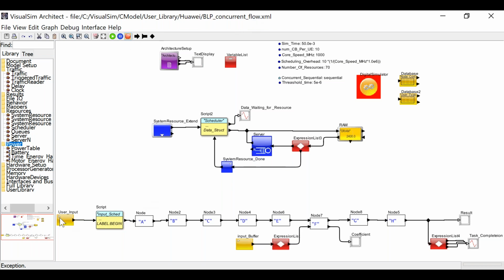And as you can see, the behavior flow over here either depends on the traffic, depends on the statistics for each of the nodes, or it depends on each of these individual components, like changing the number of resources, or changing the clock speed, or changing the DRAM type, a variety of these things that could tell me how my nodes are going to be operating in terms of where my deadlines are, or whether I'm able to meet my deadline or not.